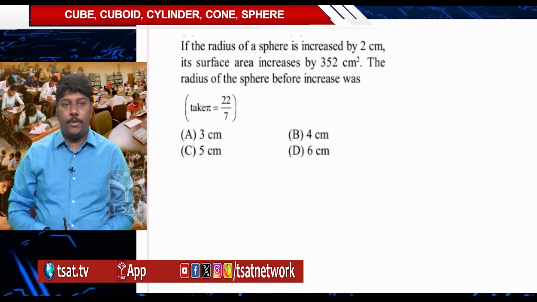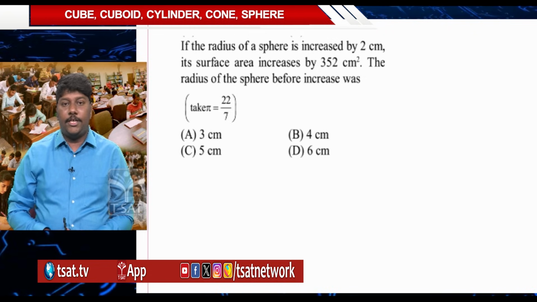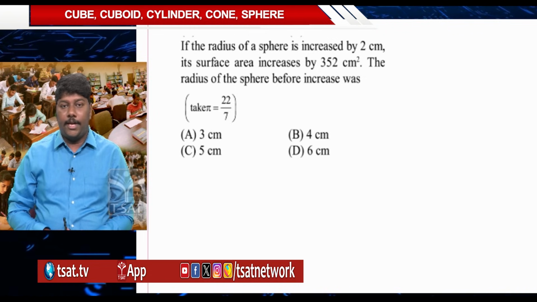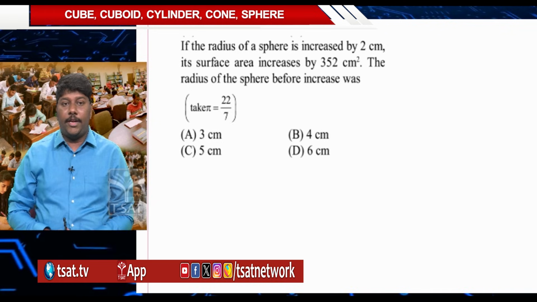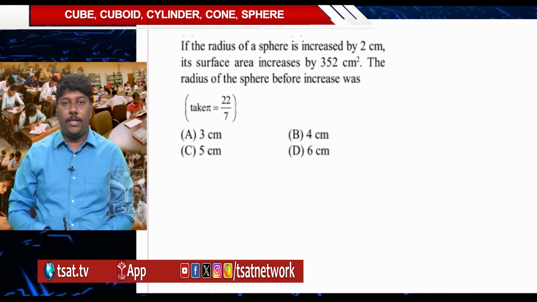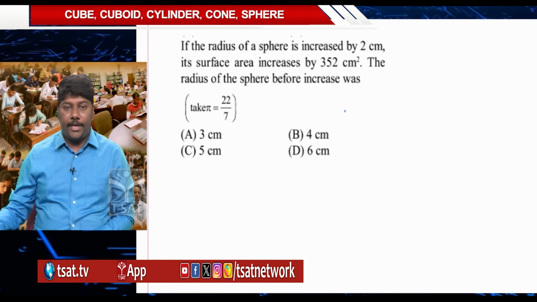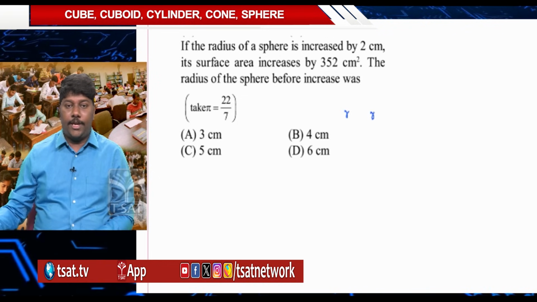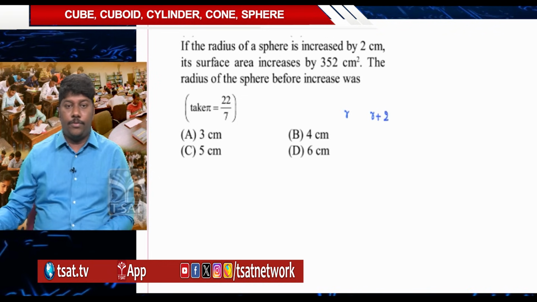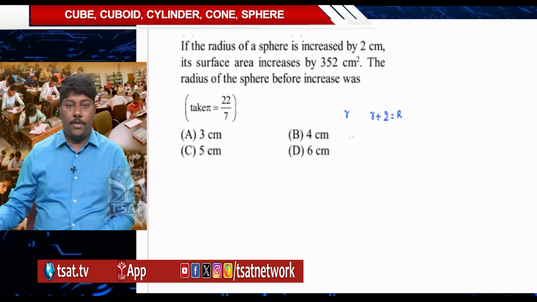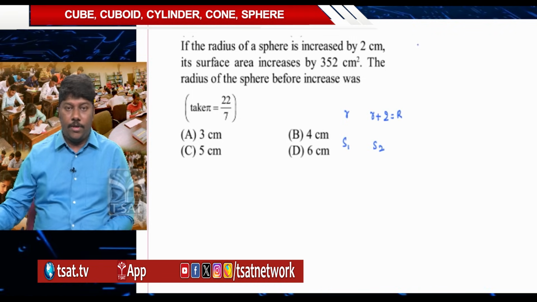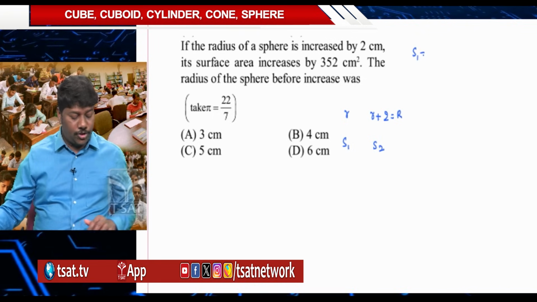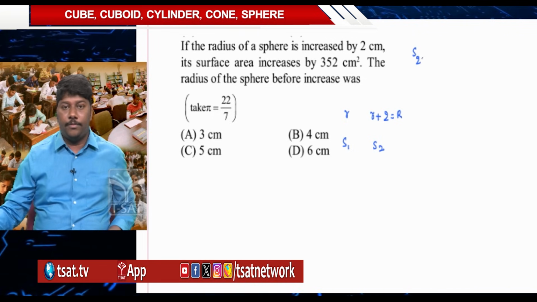Look at this problem. If the radius of a sphere is increased by 2 centimeters, its surface area increases by 352 centimeter square. The radius of the sphere before increase was? Initial radius you take as r, in the next case it is r plus 2, let us say capital R. This one is S1, S2. We know S2 minus S1 is 352.